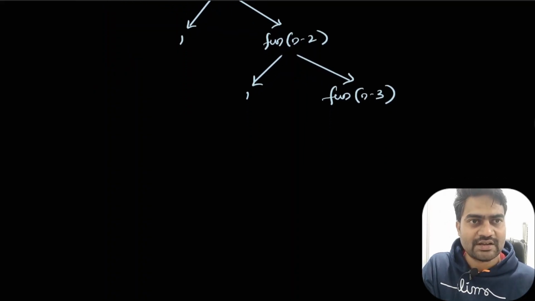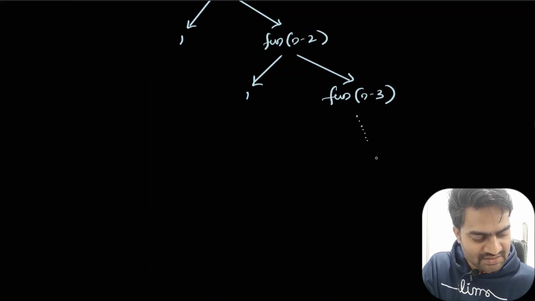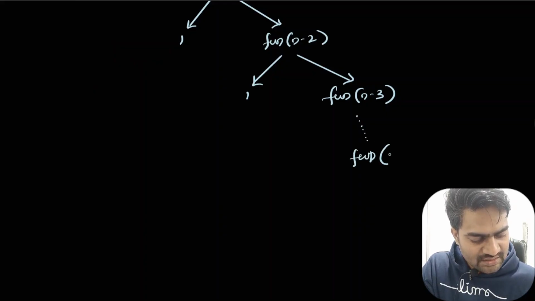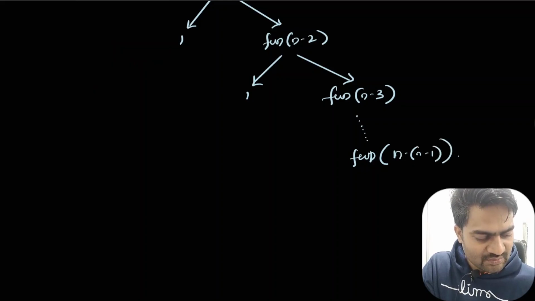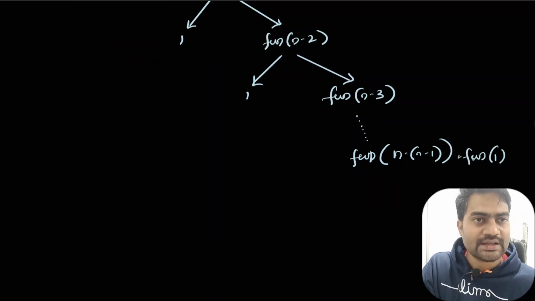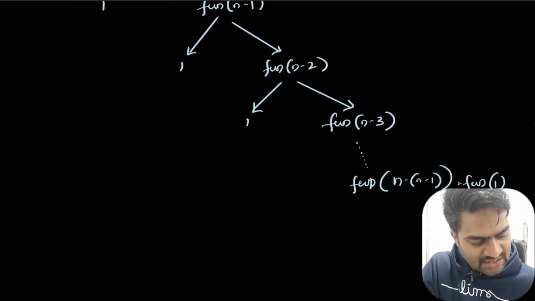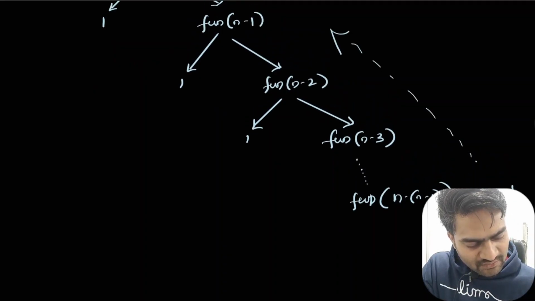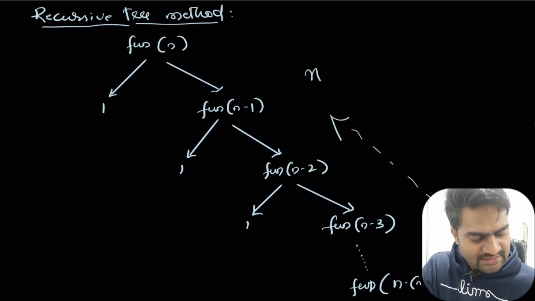How long will it happen? Until this reaches 1. Once it reaches 1, that is function 1, it stops because it reached the base condition.